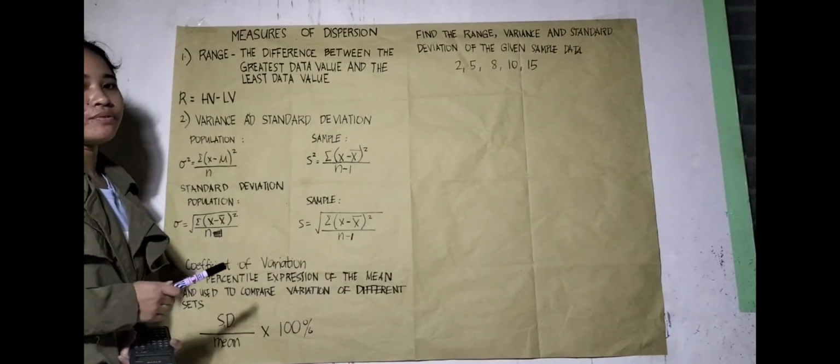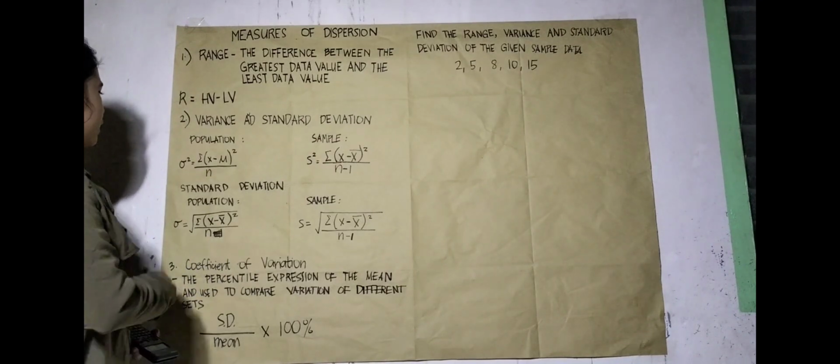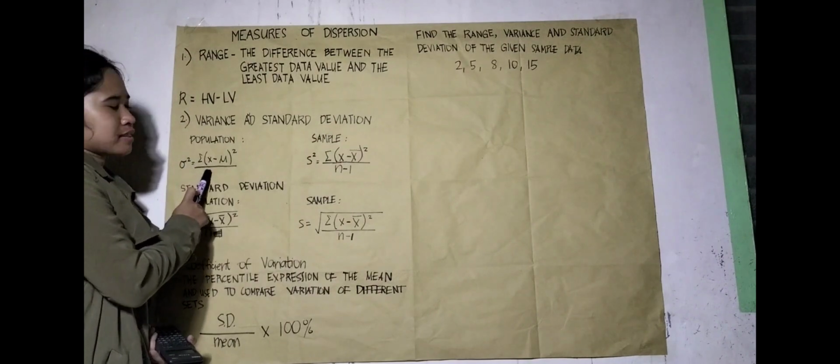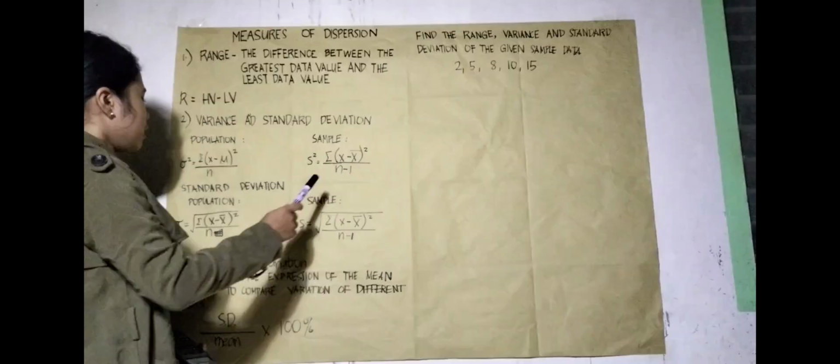For the population variance, we have sigma squared is equal to the summation of x minus mu squared over n. While in the sample data, we have s squared is equal to the summation of x minus x bar raised to 2 over n minus 1.